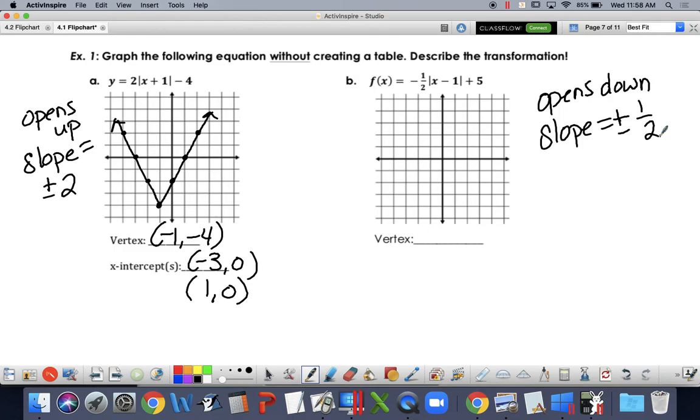What's my vertex? 1, 5. So I'm going to go ahead and plot 1, 5. And since it's opening down, I still have room on here that I can fit in a few more points. Down 1 to the right 2. And then down 1 to the left 2.